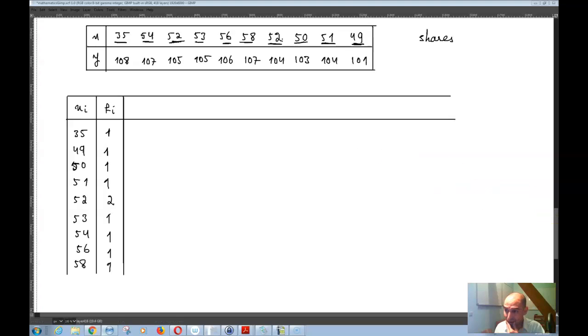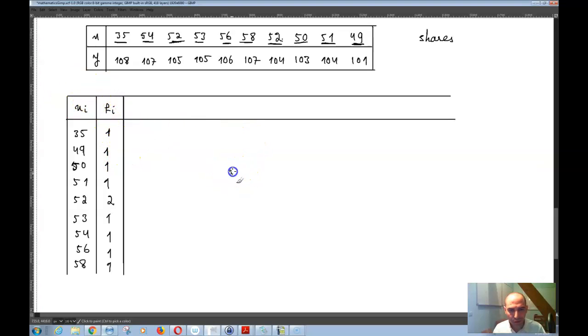And now I need to calculate x bar, which is the mean of the data. So my x bar over here is going to be equal to, let's not use the shortcut method.